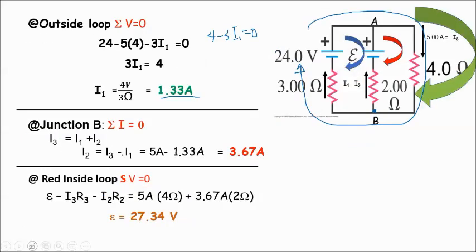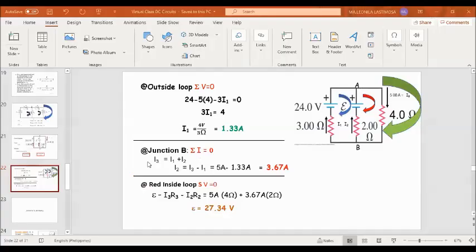That comes from what is entering here: entering is I3, leaving are I2 and I1. So to find I2, it is I3 minus I1. Then substitute the values of I3 and I1. I2 therefore is 3.67 amperes.